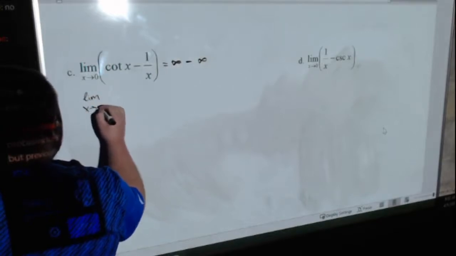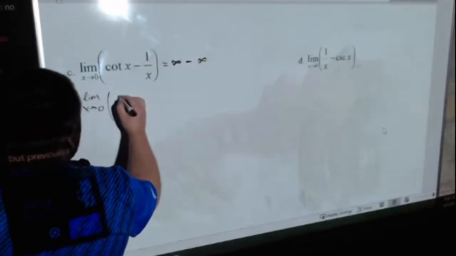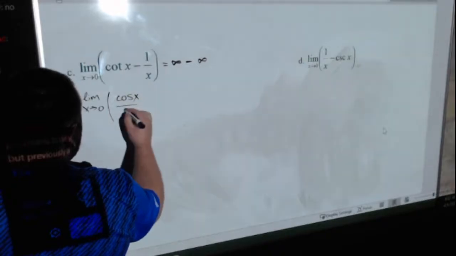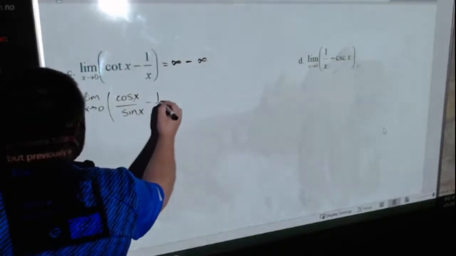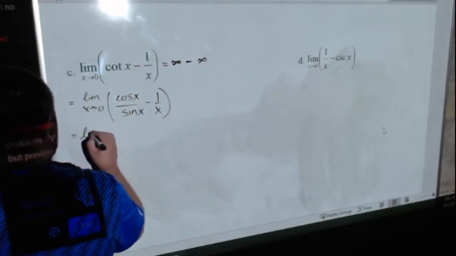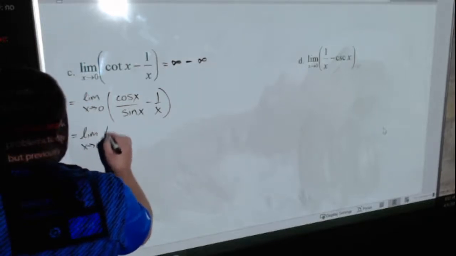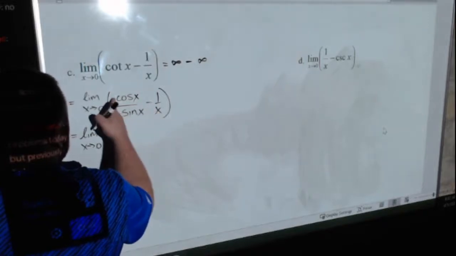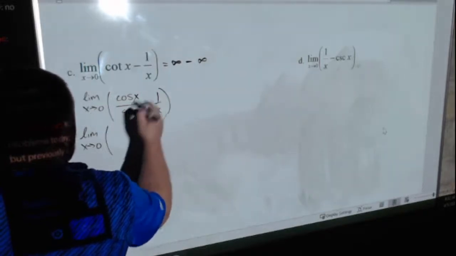limit x approaches 0. As we said, this is cosine over sine. So put that together. So I need to multiply this by x, multiply this by sine.